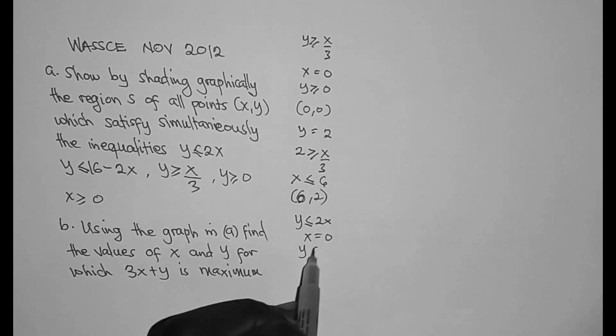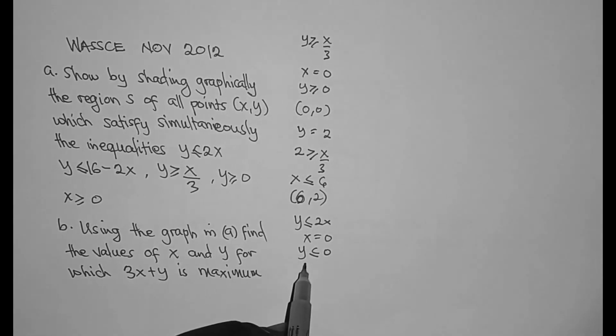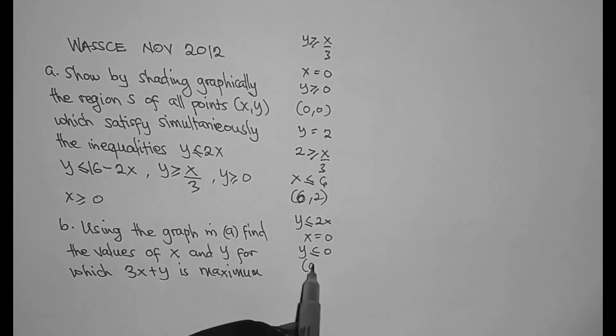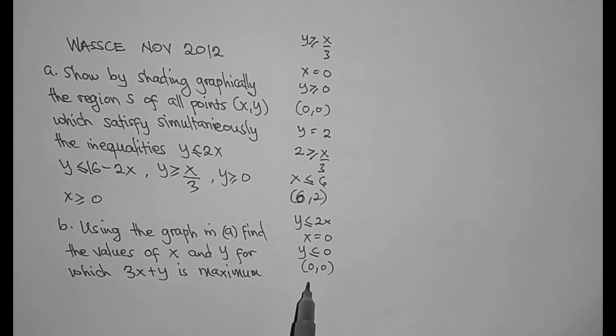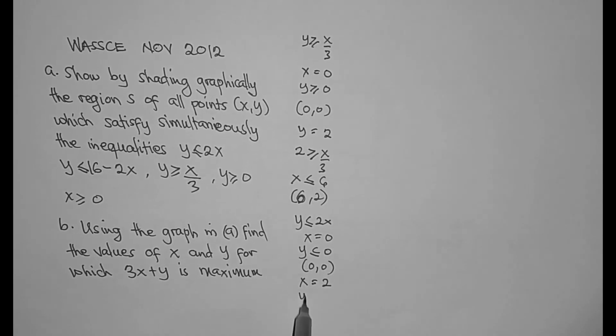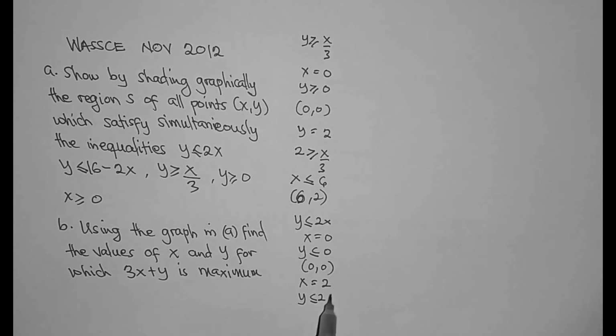See that y is less than or equal to 0. So we also have the point 0, 0. And then let's also set x equals 2. So if x is equal to 2, y is less than or equal to 2 times 2. So y is less than or equal to 4.